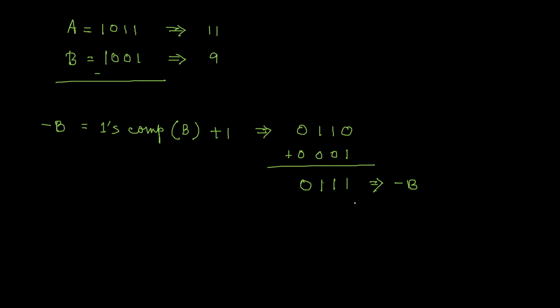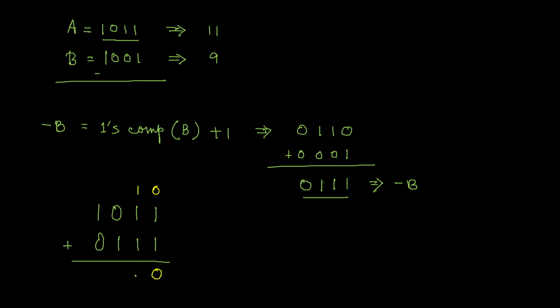Now you have to add this with the number a, 1011, right? Then I can basically subtract b from a. So if I do this, 1011 is one number, another number is 0111. Let's see what I will get. We'll add, simple add. Initial carry is 0, so 1 plus 1 is 0, carry 1.